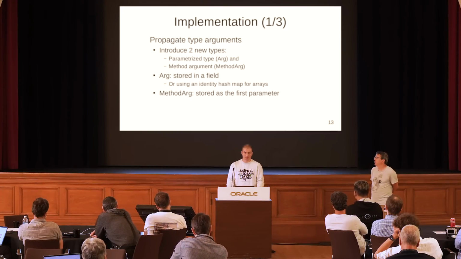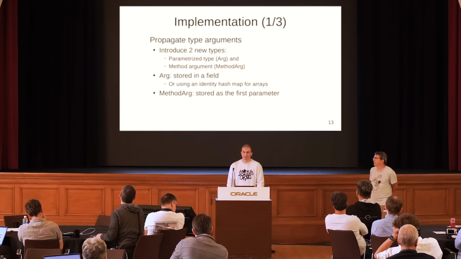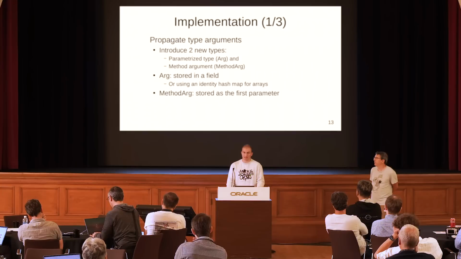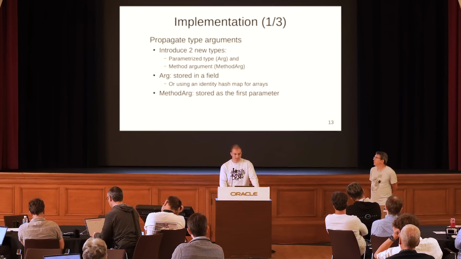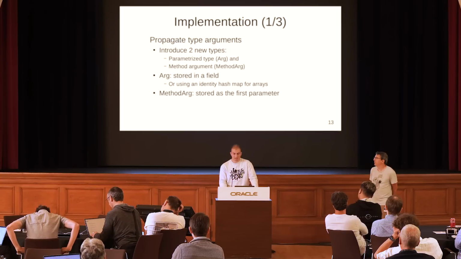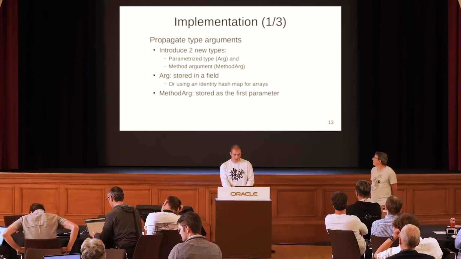This one will only serve to propagate the type information of generic methods. It will never be stored like the arg. It will at most be used to create args that will be stored, or to perform casts. Because it's semantically different, we have another type to represent this.